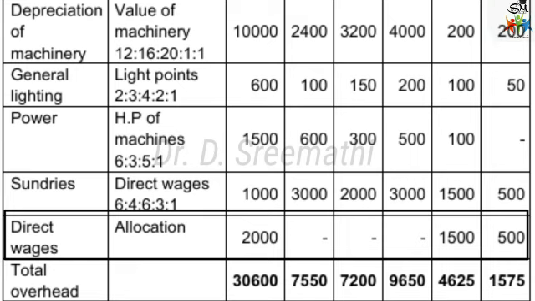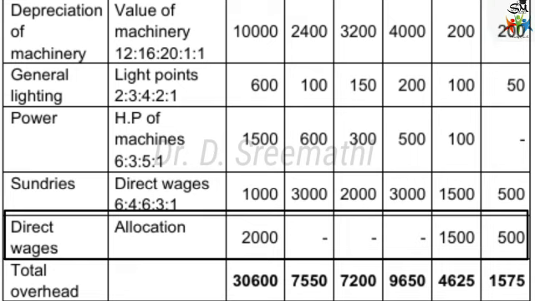This 2,000 rupees is shown in the same value as such, according to the allocation.